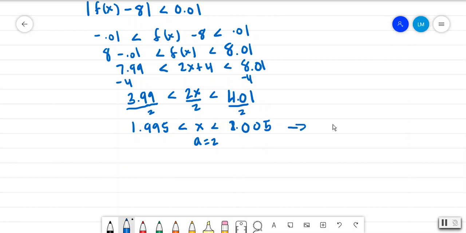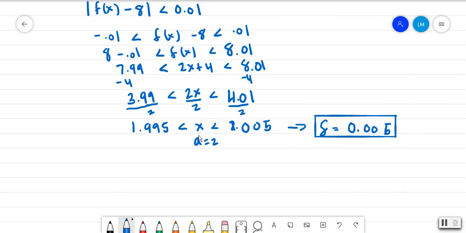If you do 2.005 minus 2, the delta is equal to 0.005, which basically means that we just want delta to lie between 0 and 0.005, no bigger than 0.005, but greater than 0. So that would be it. We have that the delta that works is 0.005.